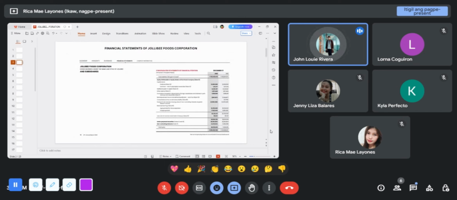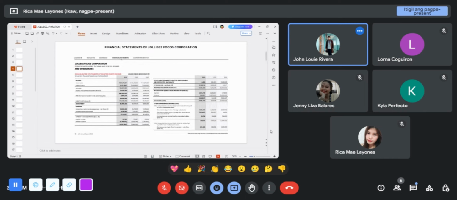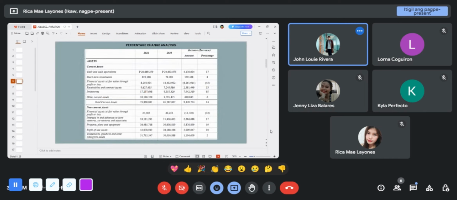So this is the financial statement of Jollibee Foods Corporation. Horizontal analysis, the differences in absolute amount and in percentage between two periods.